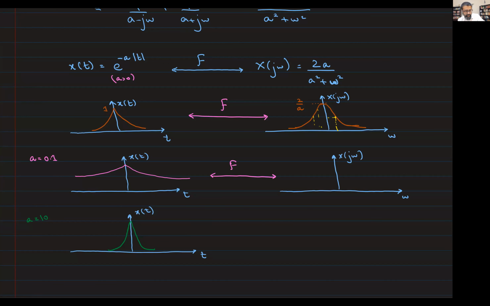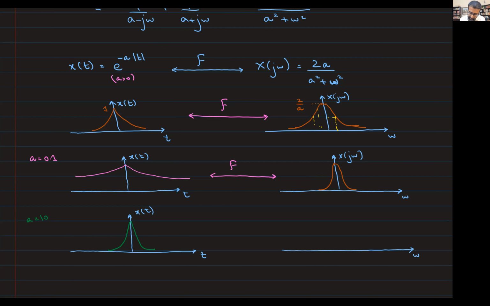What would its shape be? It would be something like this. Oh, sorry. So a is small, and therefore this would be something like this, as opposed to this case here.